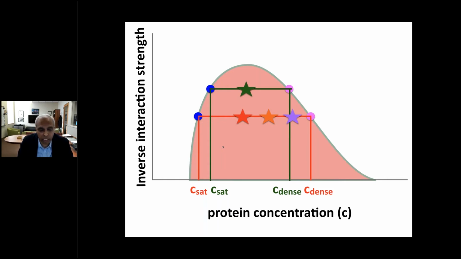That saturation concentration is a threshold concentration that stays fixed as we titrate protein concentration within the two-phase regime. Now you can do this type of measurement for a series of interaction strengths, which, for example, you can modulate by changing temperature or changing salt or pH, etc., and you get this full coexistence curve.